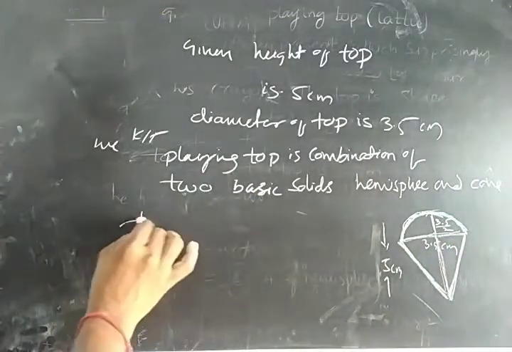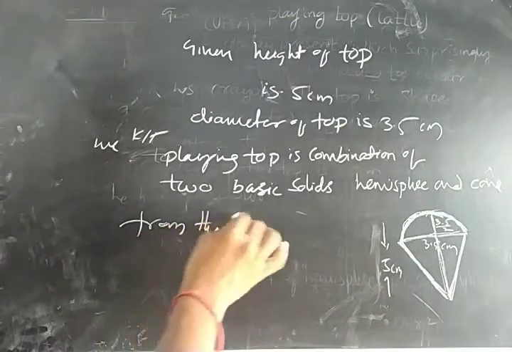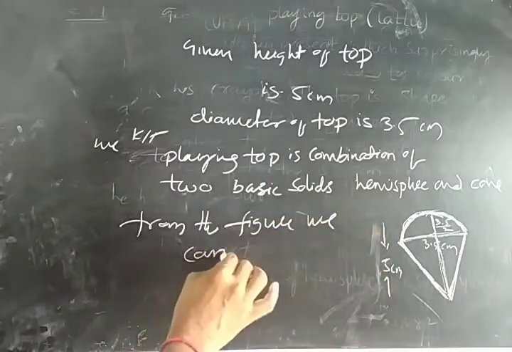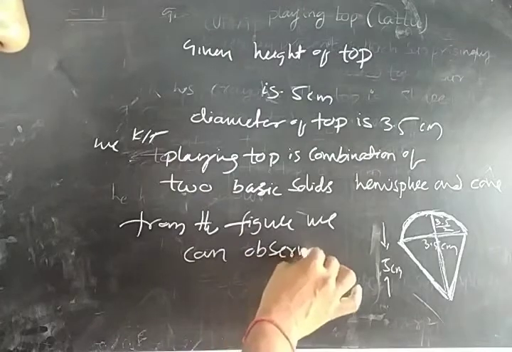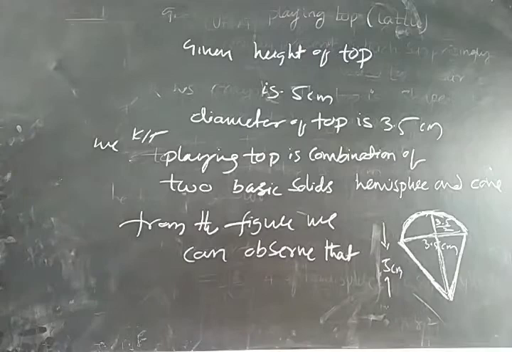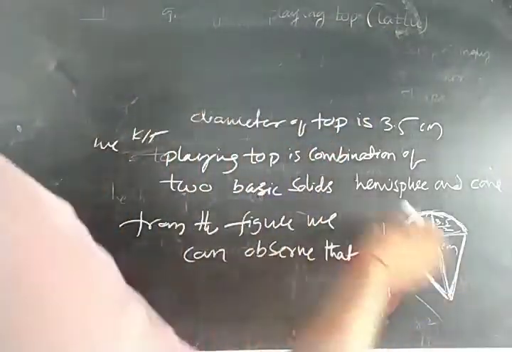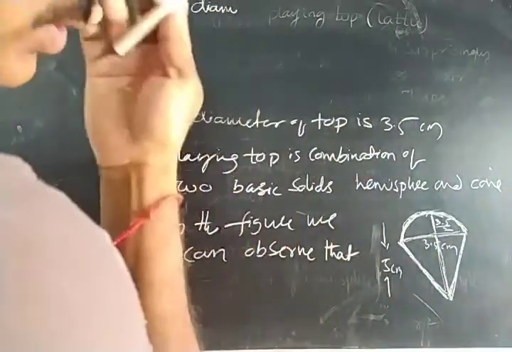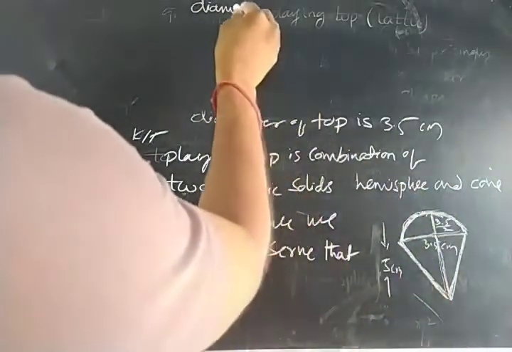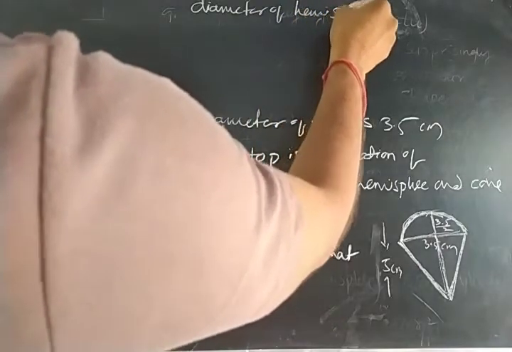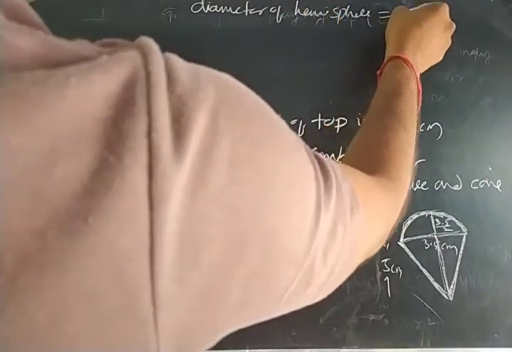So from the figure we can observe that the diameter of the top of the cone, or the diameter of the hemisphere, is equal to 3.5 centimeters.